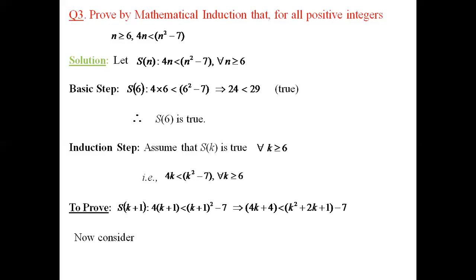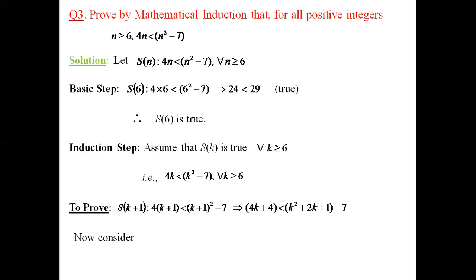Now to prove that the statement S of k plus 1 is true, let us consider the assumption that we made in the induction step, that is 4k is less than k square minus 7. Looking into the requirement, our requirement is 4k plus 4 in the left hand part. We already have 4k, so we'll be adding 4 on both sides. So when we add 4 on both sides, the left hand part becomes our requirement, which is 4k plus 4.